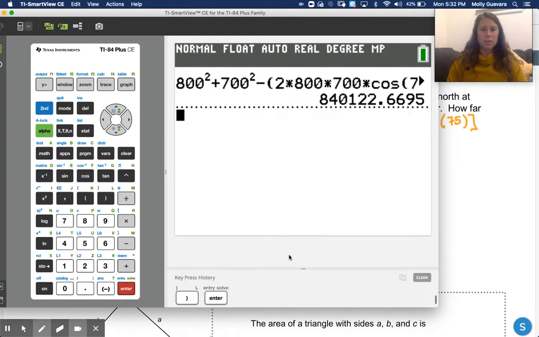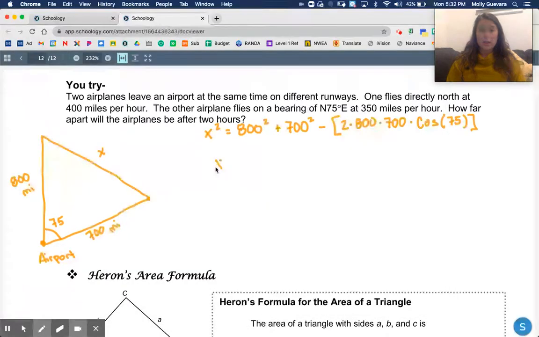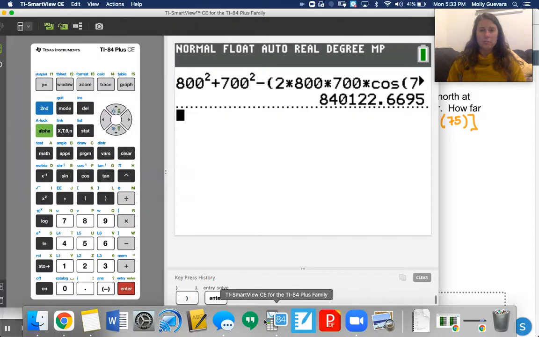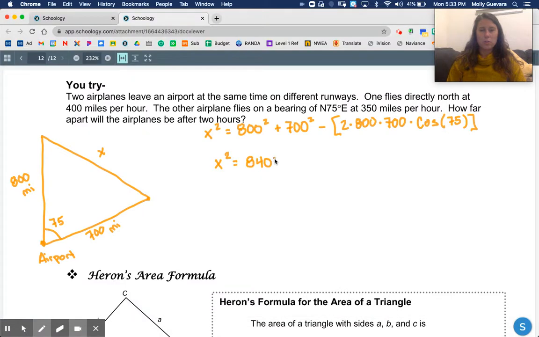Close it, enter. Boom, there it is. That's what x squared equals, right? So x squared, what was it, 840,122.67.